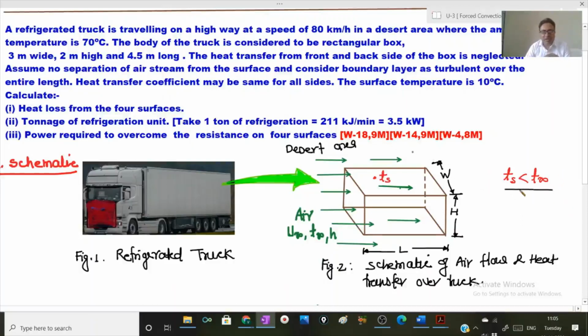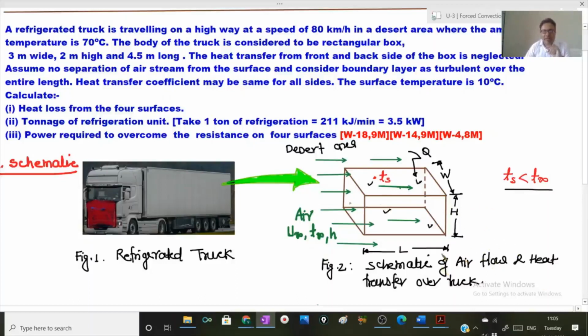So heat transfer will take place from surrounding fluid into the body of the truck from all four sides, isn't it? This one, this one, this one and this side.